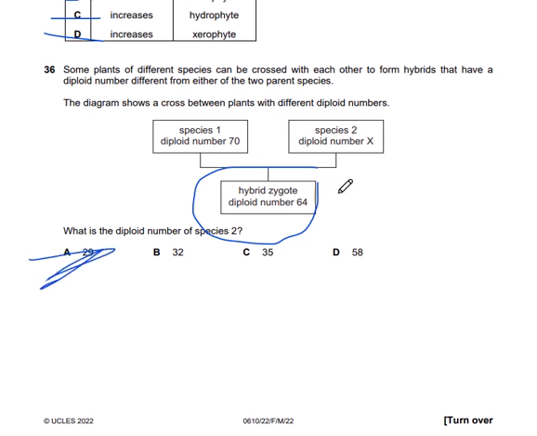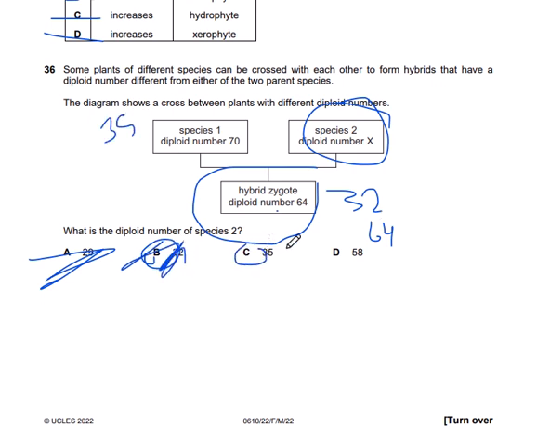And they said 64, so 64 over 2 makes it 32. So species 2 cannot actually match the zygote, so that makes it wrong. And the haploid is 35, so that cannot match either, because you can't have species 1 and species 2 having the same number, right? So that leaves you with D.